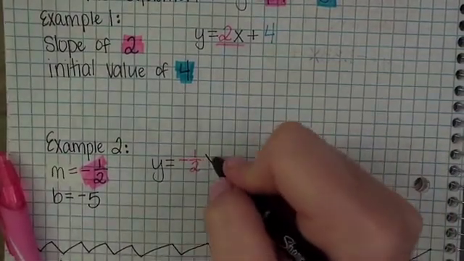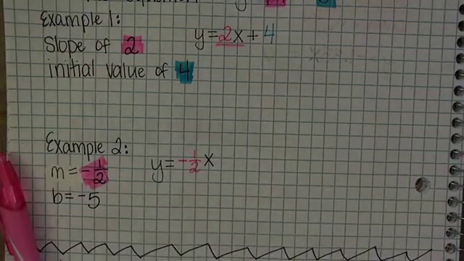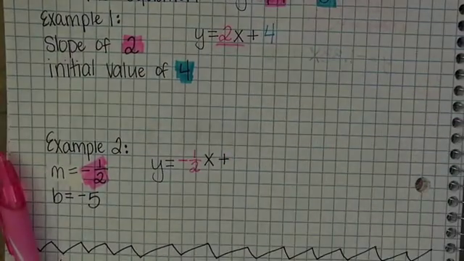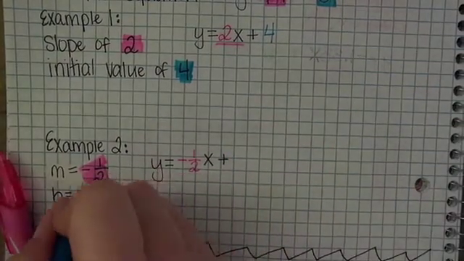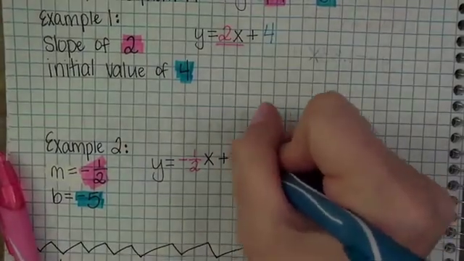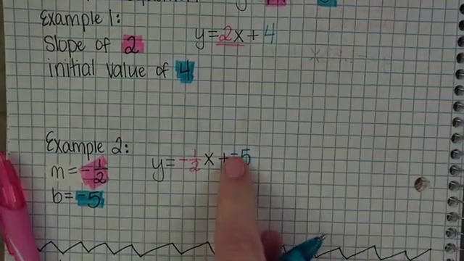Remember, slope always goes with x. And then plus the b, which in this case is -5. So it would kind of be written like this, plus and negative.